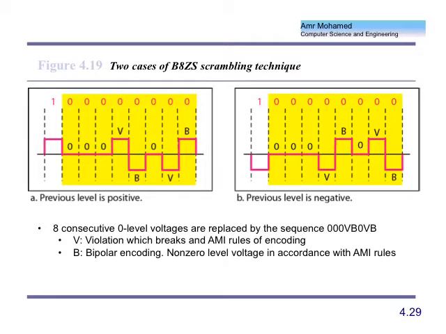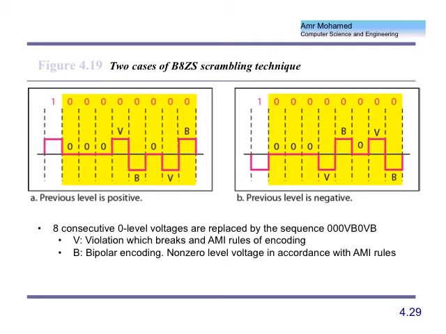Remember the AMI, what it does is that it says 0 will be interpreted as 0 voltage. Okay? So if I have 0, this means 0 voltage all the way. If it's 1, then I have to look at the non-zero voltage before me and invert that.